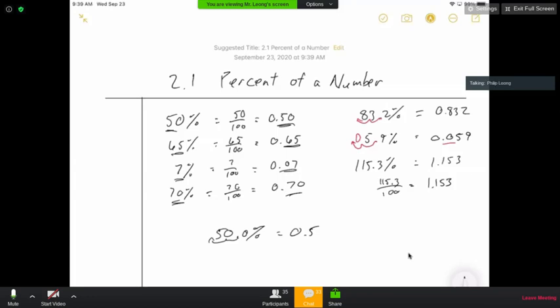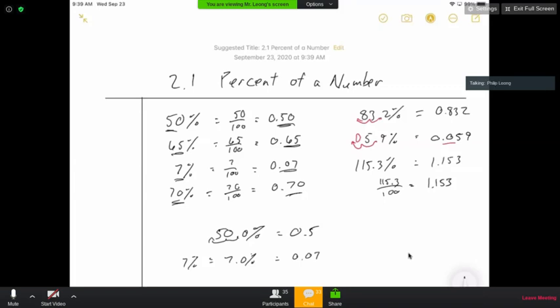Remember we had 7%, which was 7.0? Move the decimal 2 places. You just do it in your head, and you end up with 0.07.